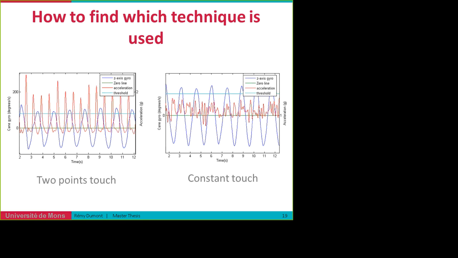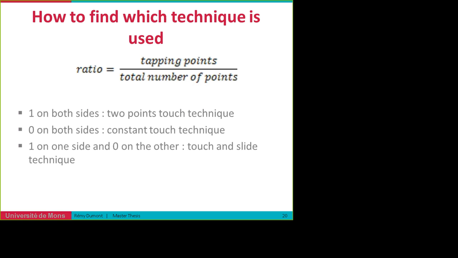If there is one, it's a tapping point, and if there isn't, this is a sliding point. By computing the ratio of the tapping points to the total number of points, so the tapping plus the sliding points, we can match the technique that is used.